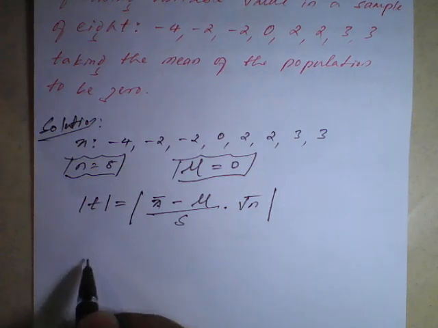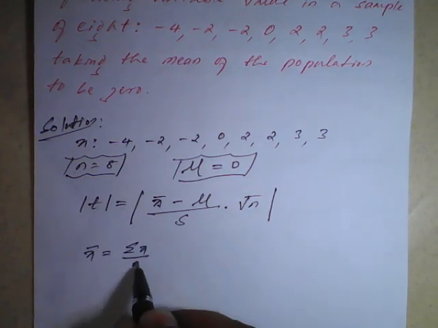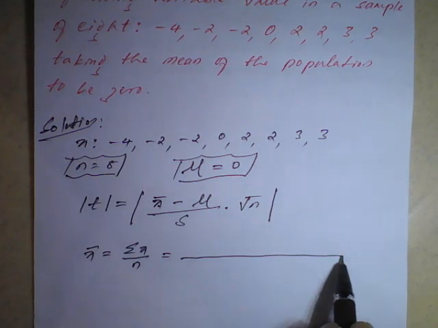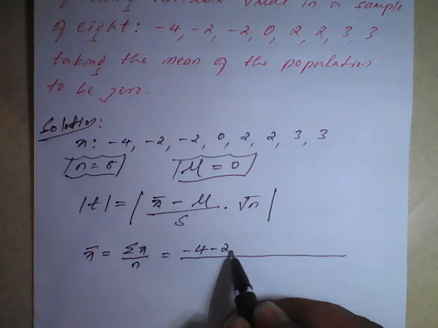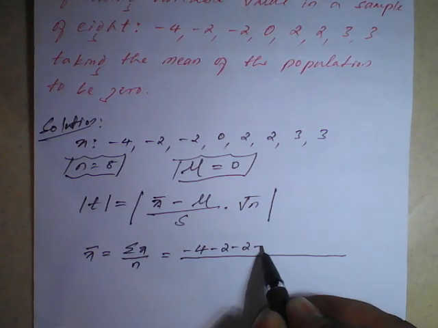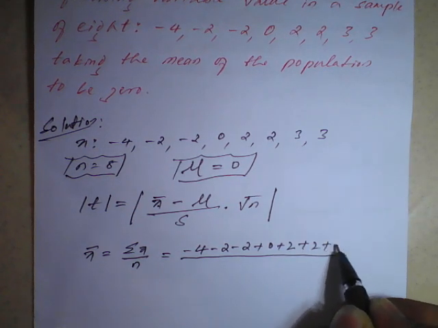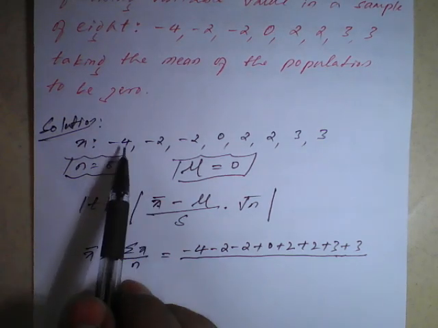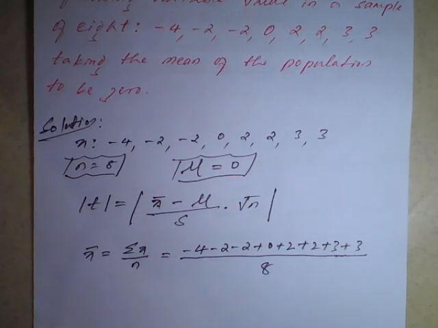Now x bar is nothing but, this is the usual formula, summation of x upon n. Summation of x means you need to add the x values, that is -4, -2, -2, plus 0, plus 2, plus 2, plus 3, plus 3, whole divided by n, means count it 1, 2, 3, 4, 5, 6, 7, 8, divided by 8.